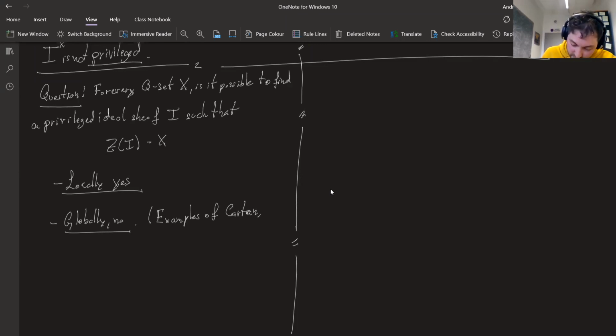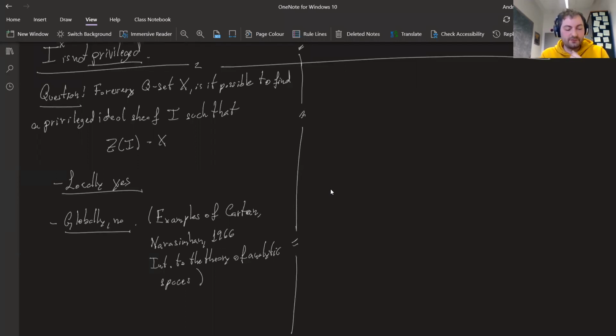So I just want to cite, if you're interested in these kind of examples, several of them in a book from 1966, Introduction to the Theory of Analytic Spaces. And these are very nice examples because they are globally defined on Rn. It's even compact in Rn. There's examples of several pathologies.